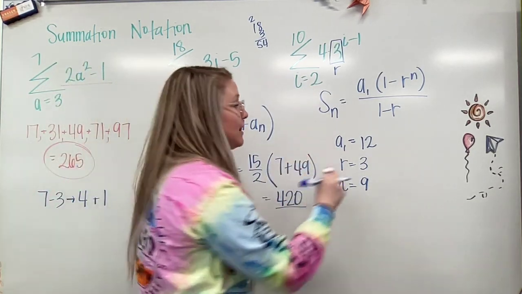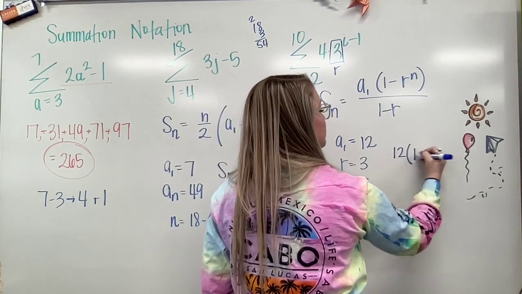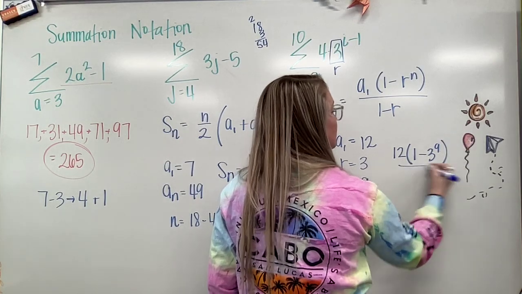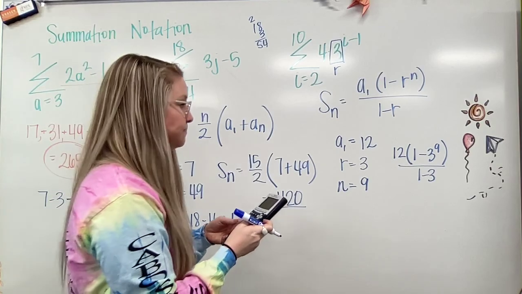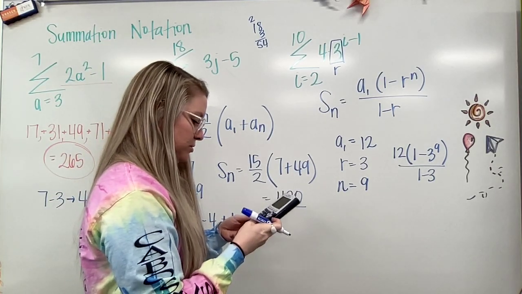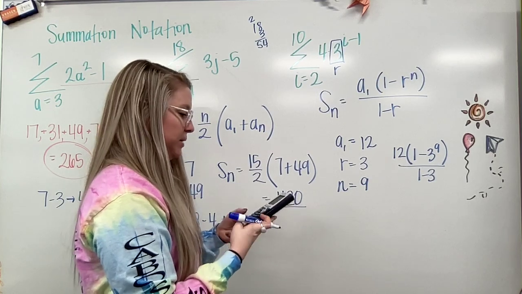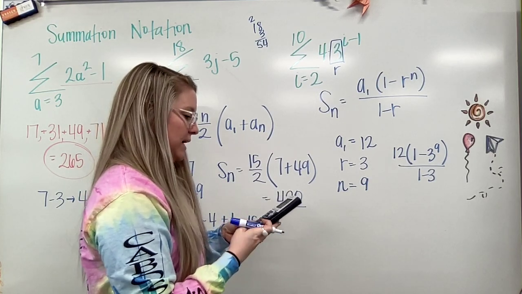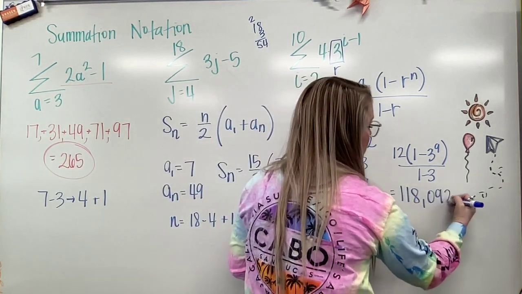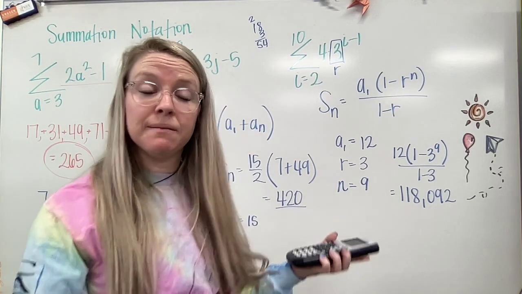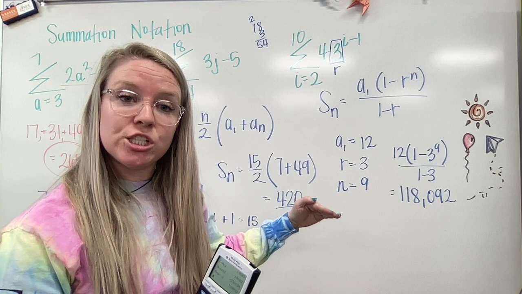Now I plug that in: 12 times 1 minus 3 to the 9th over 1 minus 3. I do 3 to the 9th, 1 minus that, times 12, and then divide by negative 2. And I get 118,092. That's it. I use this to pull out the pieces of information I need.